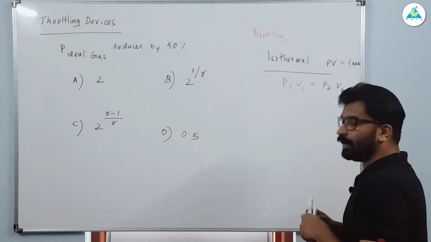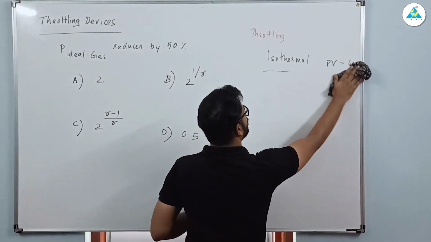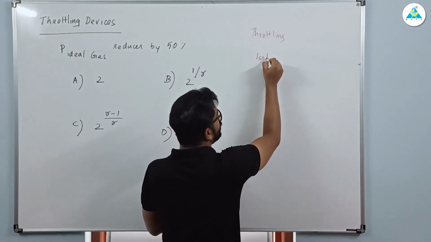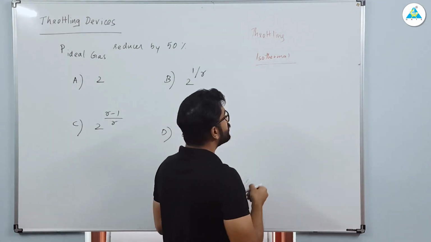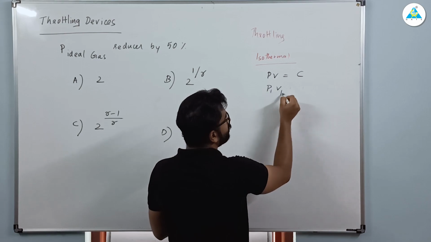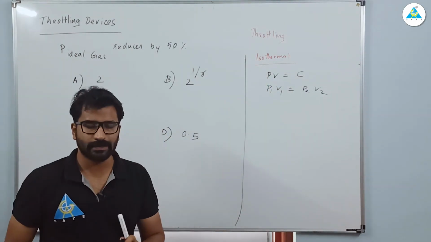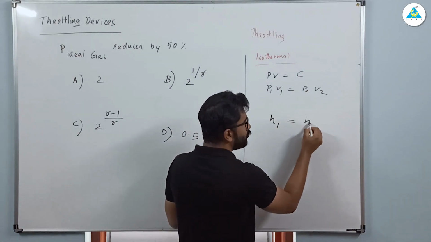Clear? Otherwise, how can you write this? Either आप ऐसे लिख सकते हैं, throttling is isothermal, ठीक है? So for an isothermal process, हम लिख सकते हैं PV is equal to constant, right? PV constant है तो P1V1 is equal to P2V2. You can write like this. नहीं तो, you know for throttling, H1 is equal to H2.